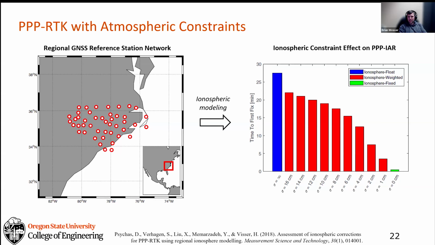But actually, any sort of regional high density reference station network like what's shown on this slide really just helps you move further along to the right side of this figure, where we're reducing that time to first fix so that we can achieve a very high precision solution immediately rather than having to wait.